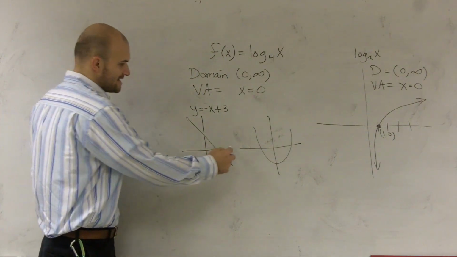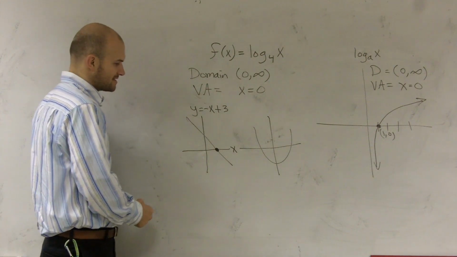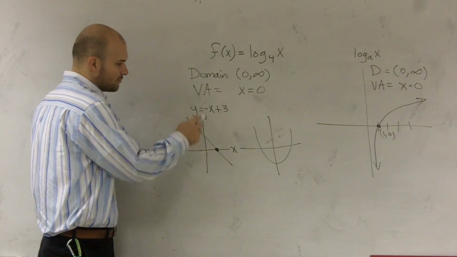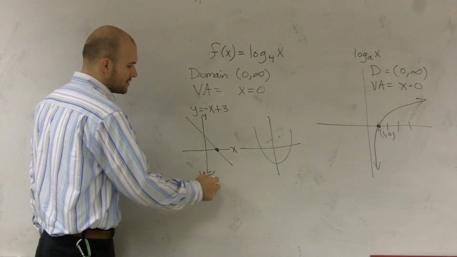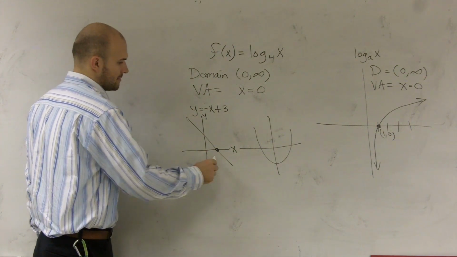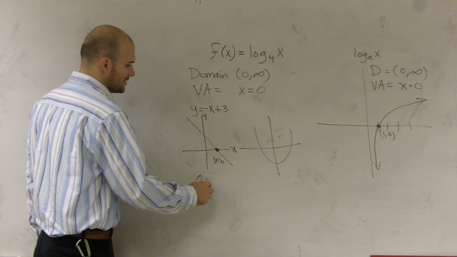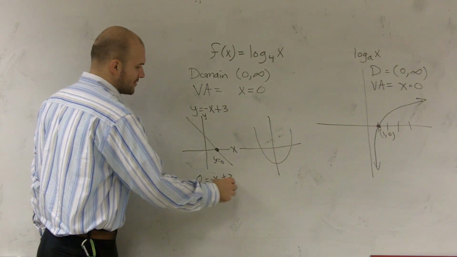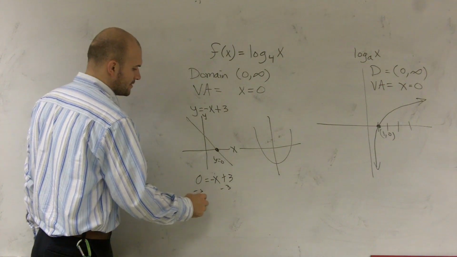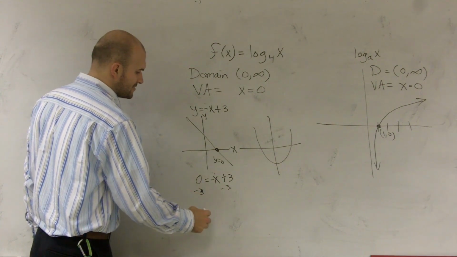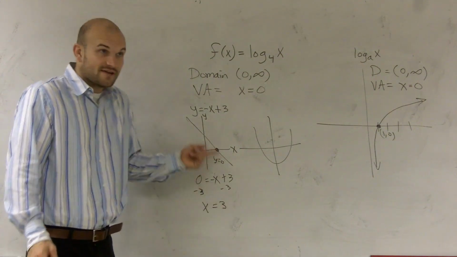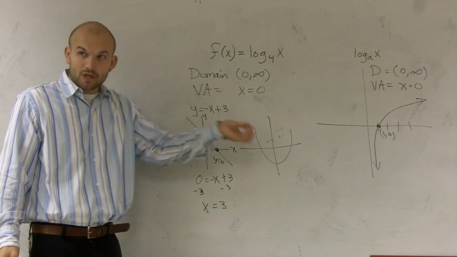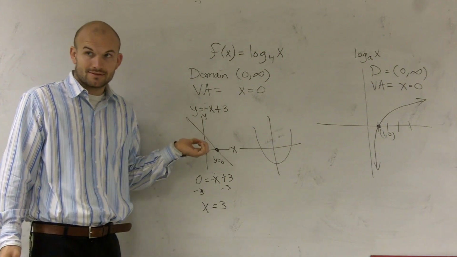Well, what we said was that's the x-axis. Here's my y-axis. The y value at this point is when y equals 0. So you'd say 0 equals negative x plus 3. So you subtract 3, divide by negative, you get x equals a positive 3. That's how you found the x-intercept. You plugged 0 in for y.